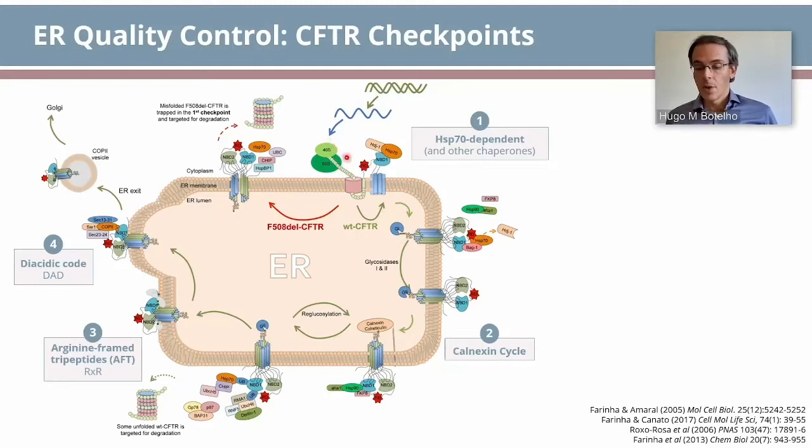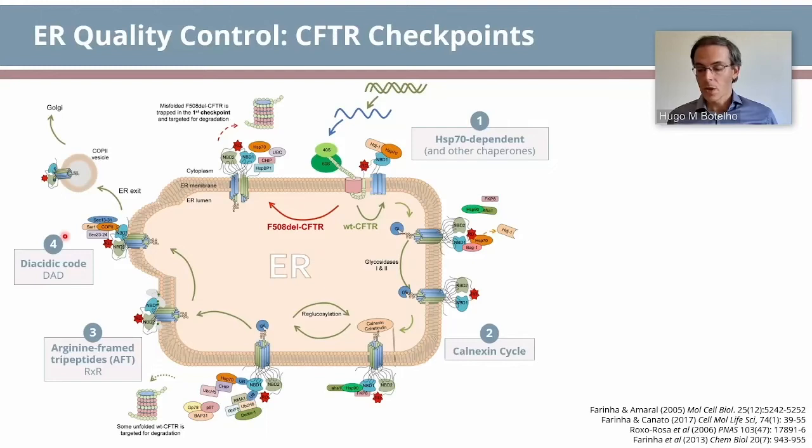In order, they are the co-translational surveillance by members of the HSP70 chaperone family, association with the ER-resident chaperone calnexin, retention of CFTR molecules exposing 4 arginine-framed tripeptides, also called AFTs or RXR motifs, and the binding to the COPII machinery for ER-to-Golgi transport via a diacidic DAD code.